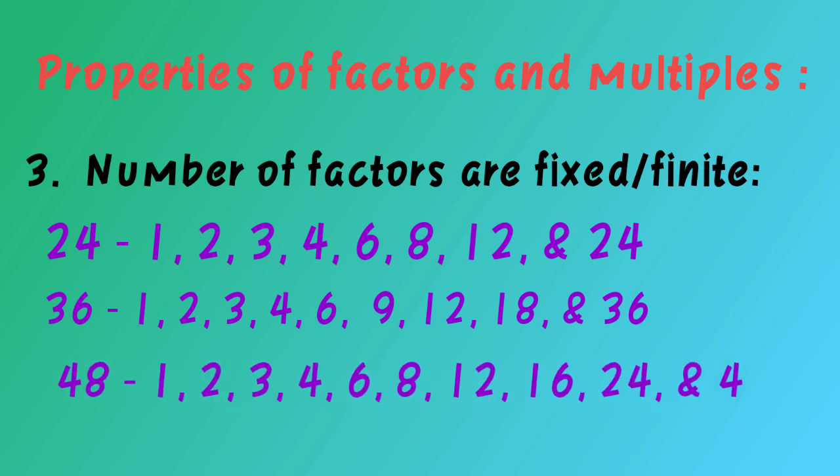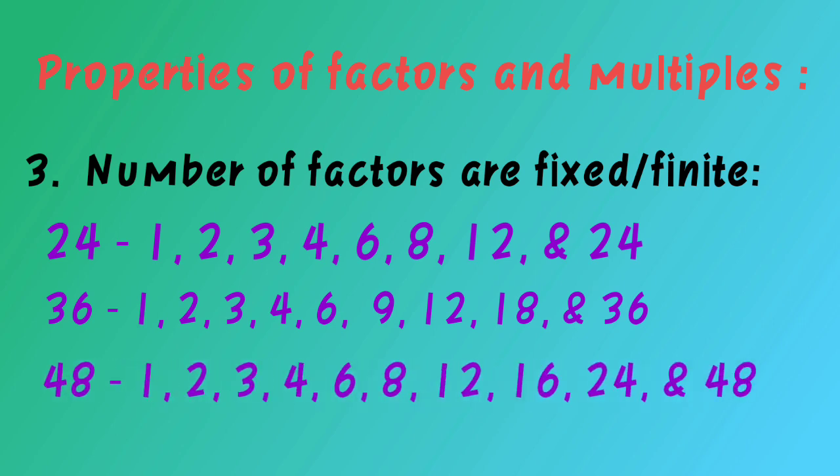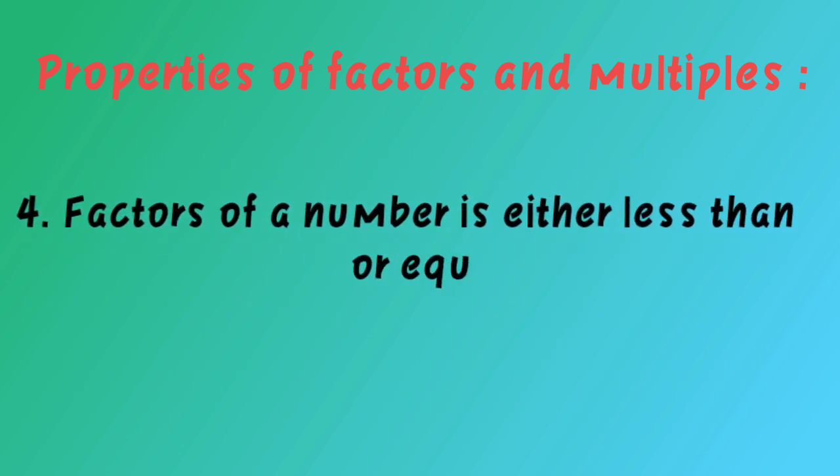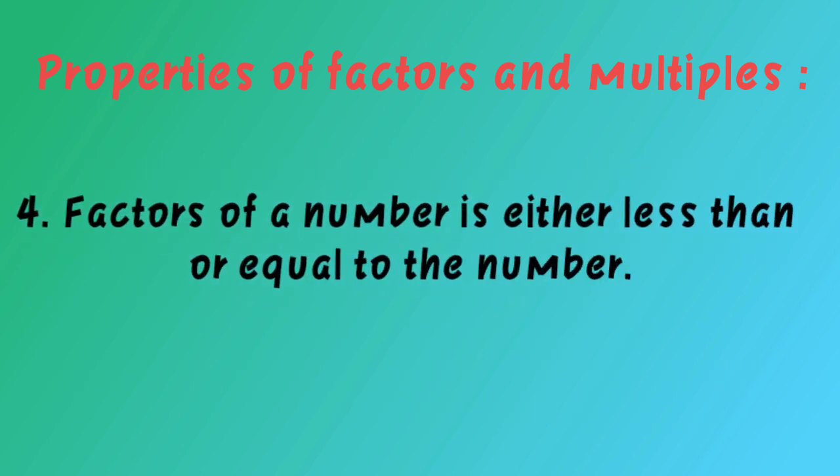And factors of 48 are 1, 2, 3, 4, 6, 8, 12, 16, 24 and 48. So you can see there are countable factors of every number. The next one is factor of a number is either less than or equal to the number. मतलब हर नंबर का फैक्टर्स या तो उससे छोटा होता है या उससे इक्वल होता है.